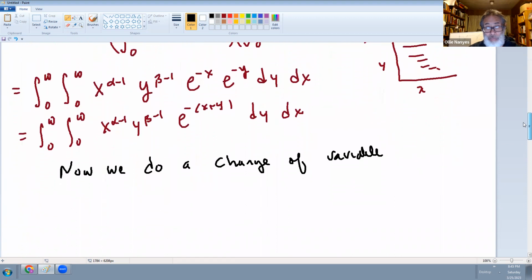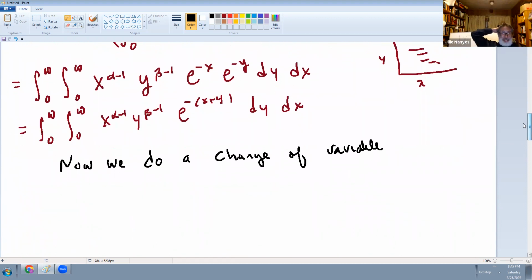Now, the person that came up with this is very, very clever. When we do a change of variable, we generally want x plus y to be one of our new variables, and then we have to be clever about how we choose the next variable. I'm not going to give you a great deal of insight, but rather just show how the calculation works.